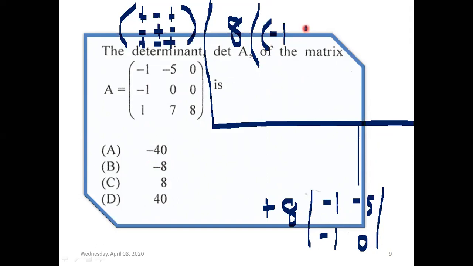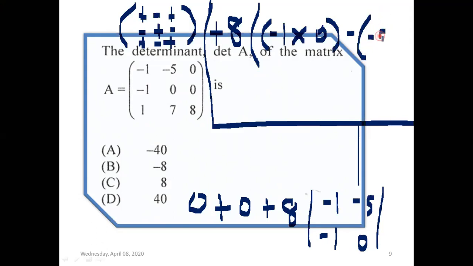So negative 1 times 0. We are multiplying. Oh, by the way, it's a plus 8 here, right? Yes, sir, because everything would have been 0 and 0. Subtract the other diagonal, which is going to be negative 5 times negative 1.